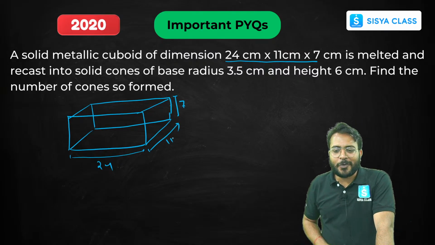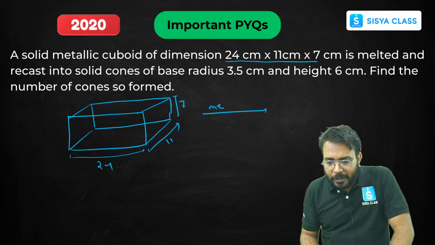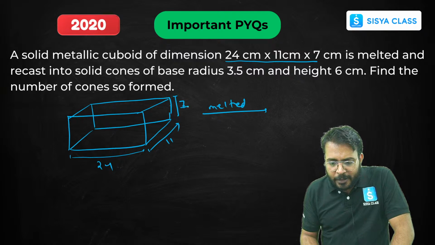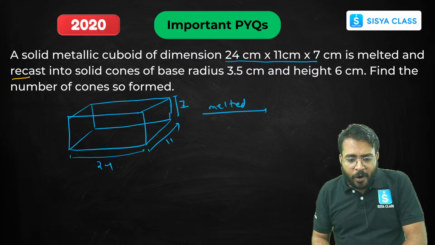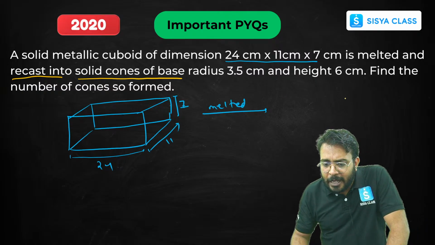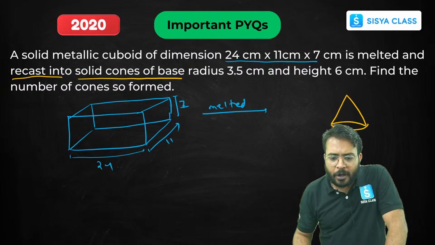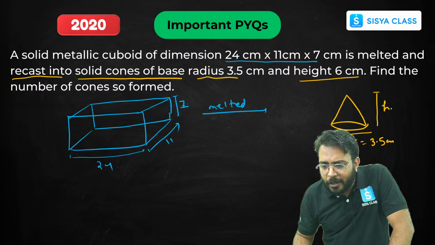What are they asking in this question? They are saying that this is going to be melted. After melting, you have recast new solid cones whose radius is 3.5 centimeter and height is 6 centimeter.